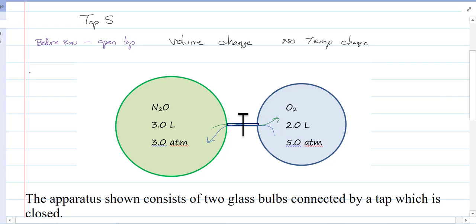So for N2O, I have P1V1 equals P2V2 because T is constant. 3.0 atmospheres, 3 liters equals the new pressure times, what's the new volume? 3 and 2 is 5. Is that right? 5. So that would be 9/5. So the pressure of N2O becomes 9/5 atmospheres.